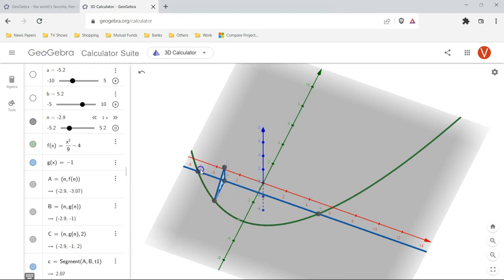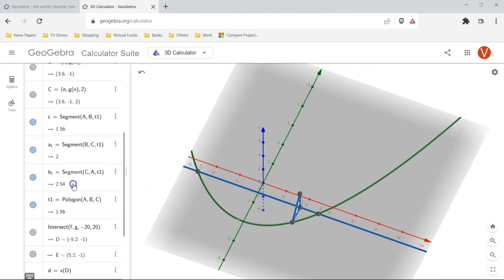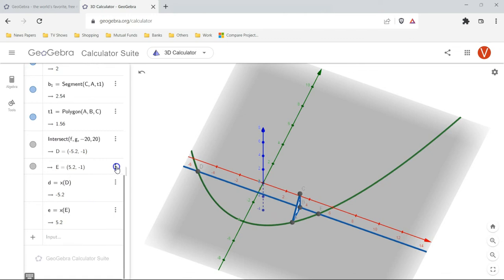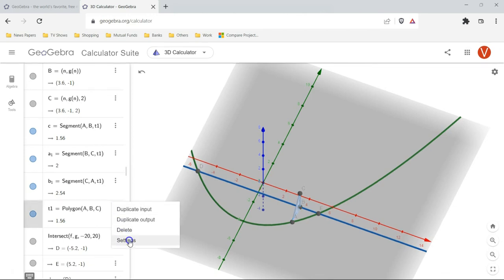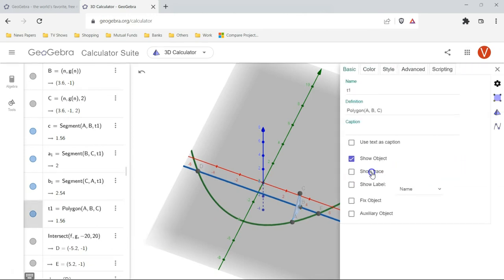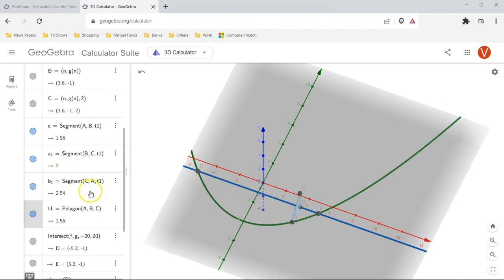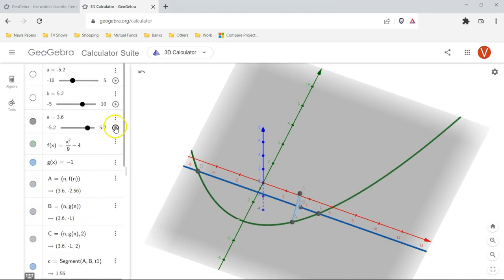Yes, it actually goes up to the intersection. Now let's again, as usual, let's make it retain the shadows, settings, show trace, and now let's actually visualize the solid that is being formed by this moving triangle.